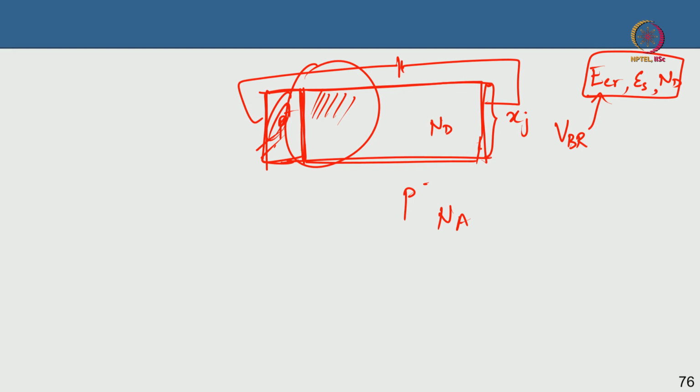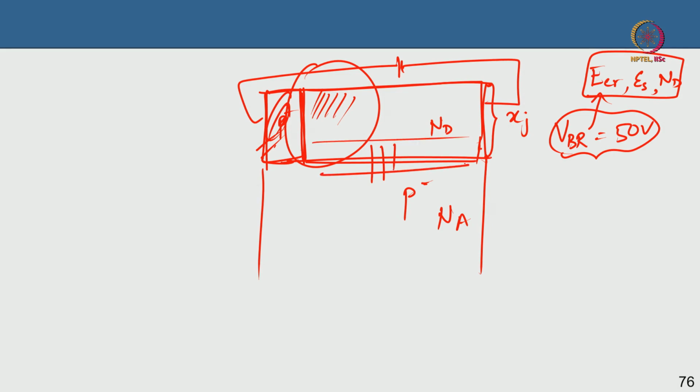Suppose this breakdown voltage happens to be 50 volt, just giving an example. Now, in the vertical dimension, for RESURF to happen, before hitting the breakdown voltage, the vertical depletion should completely consume the entire depletion depth.